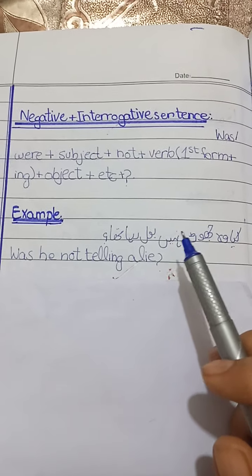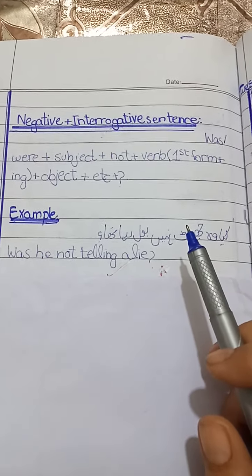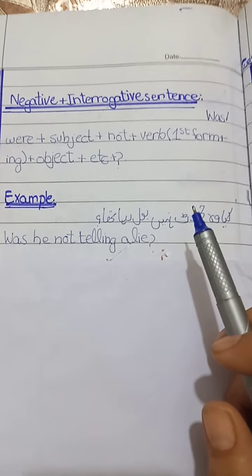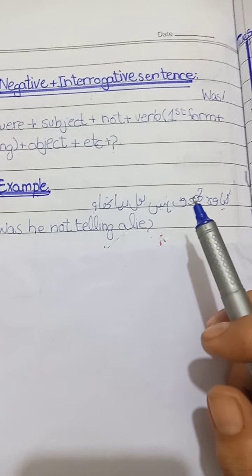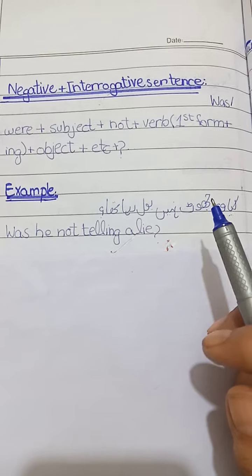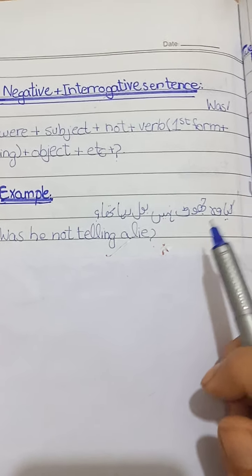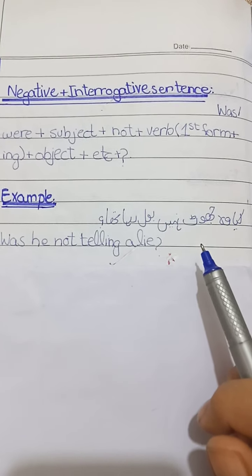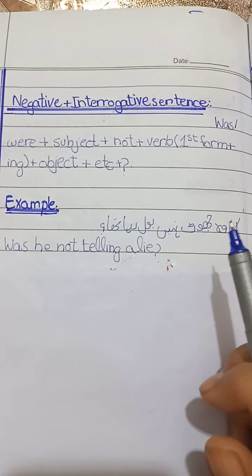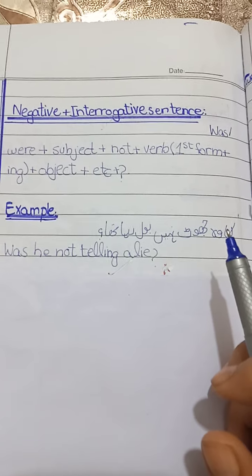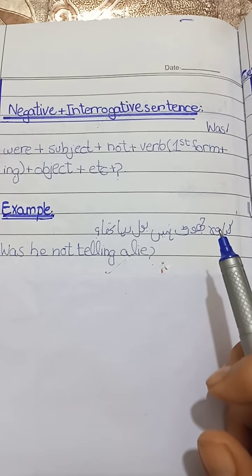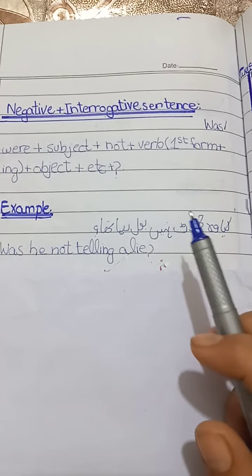So students, you have learnt all the formation of these tenses. And I think it's quite clear to you that there is only a little difference between present continuous tense and past continuous tense. All the sentence structure is just the same. The only difference is of helping verbs.